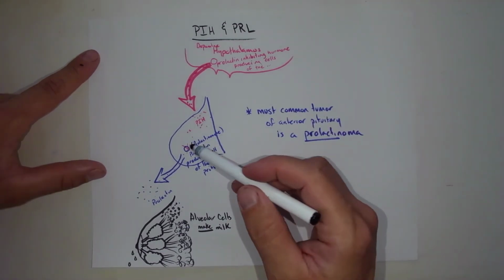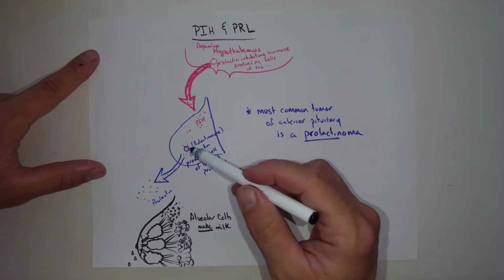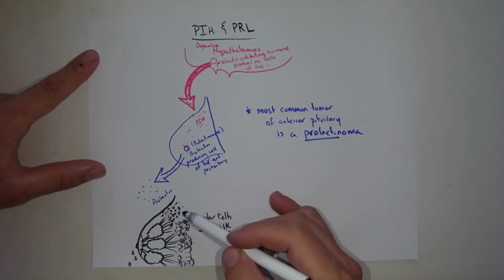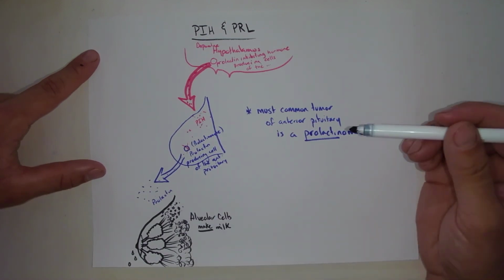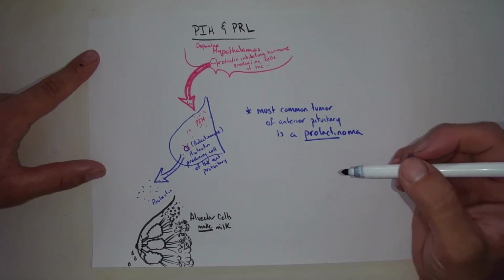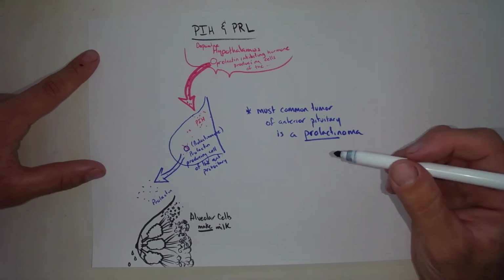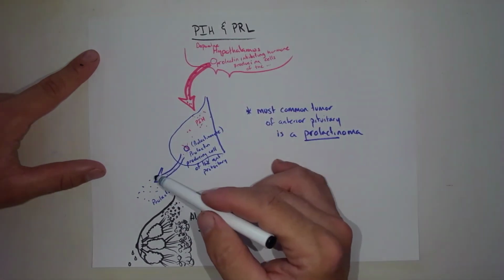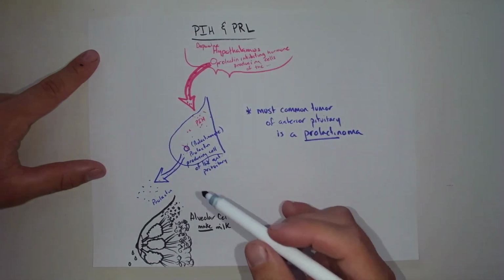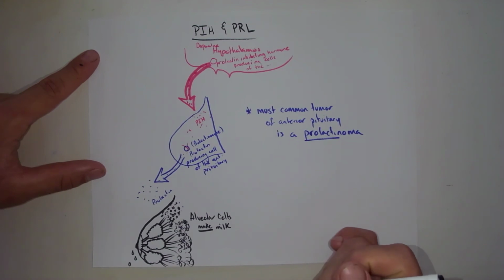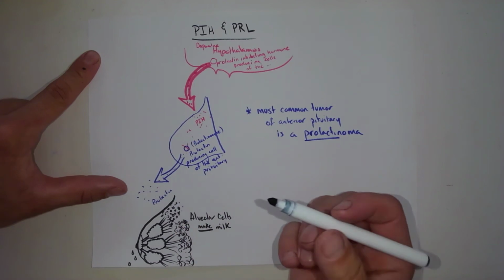How it binds to its target, either on the prolactinocyte for PIH or on these alveolar cells for prolactin, is using a second messenger system that's found on the plasma membrane. What it's going to do is cause the release of prolactin, or inhibit the release of prolactin in the case of PIH, and cause the cells to make more lactose or more milk in the case of prolactin.